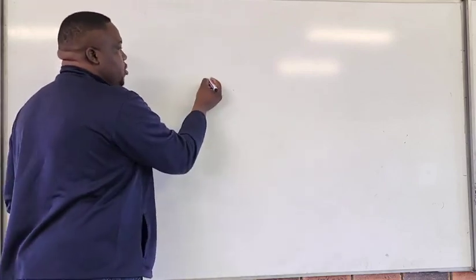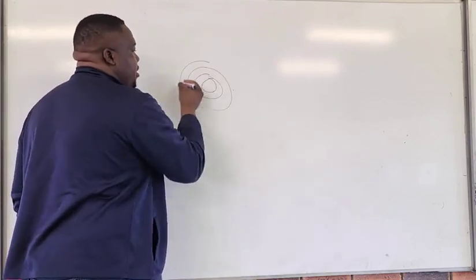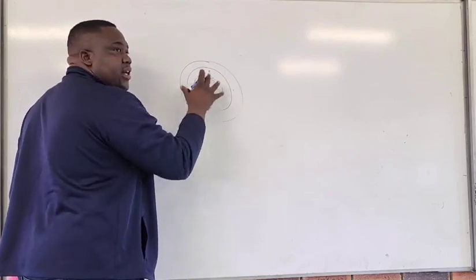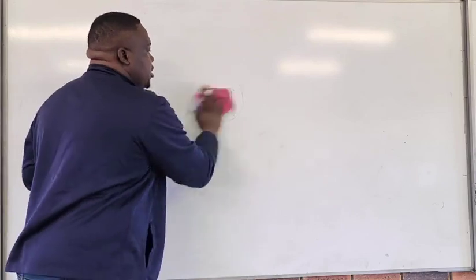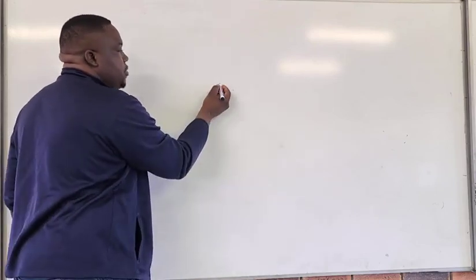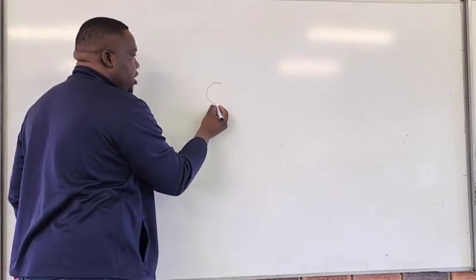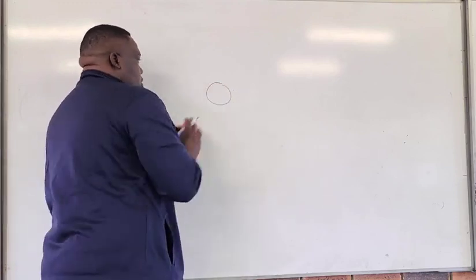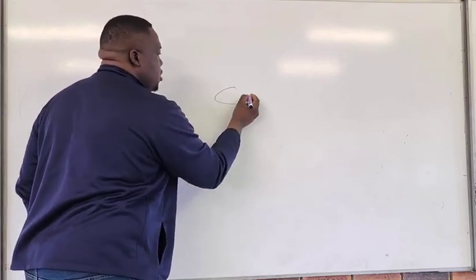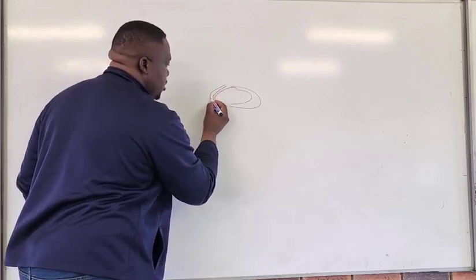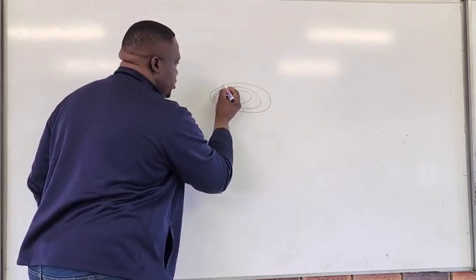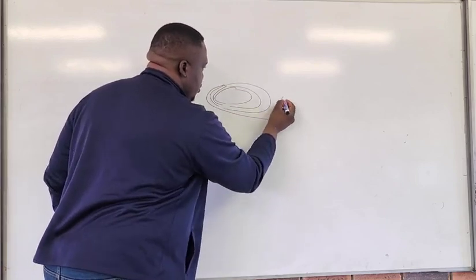We know that when we have a representation like this, it means that the frequency of sound is equal in all directions. Then this one would mean that the source is moving to the left.